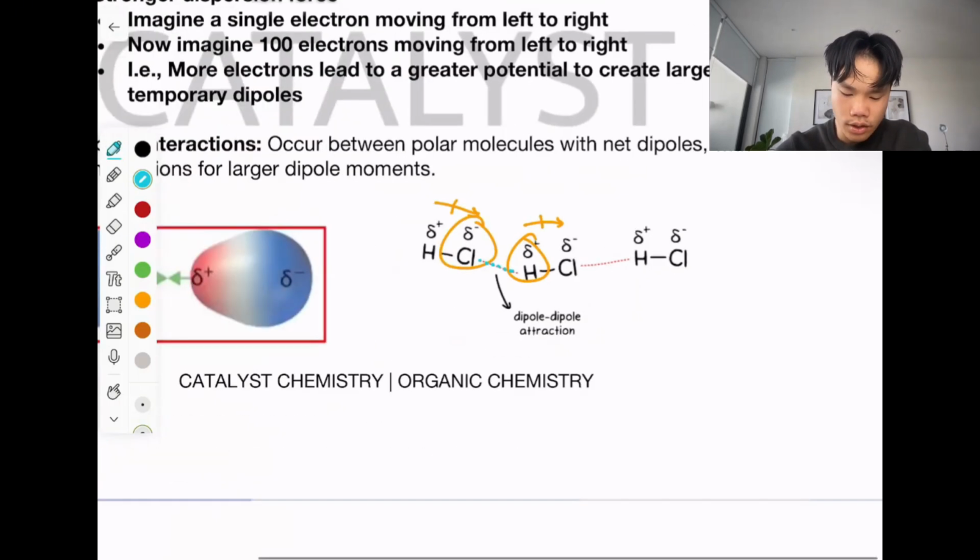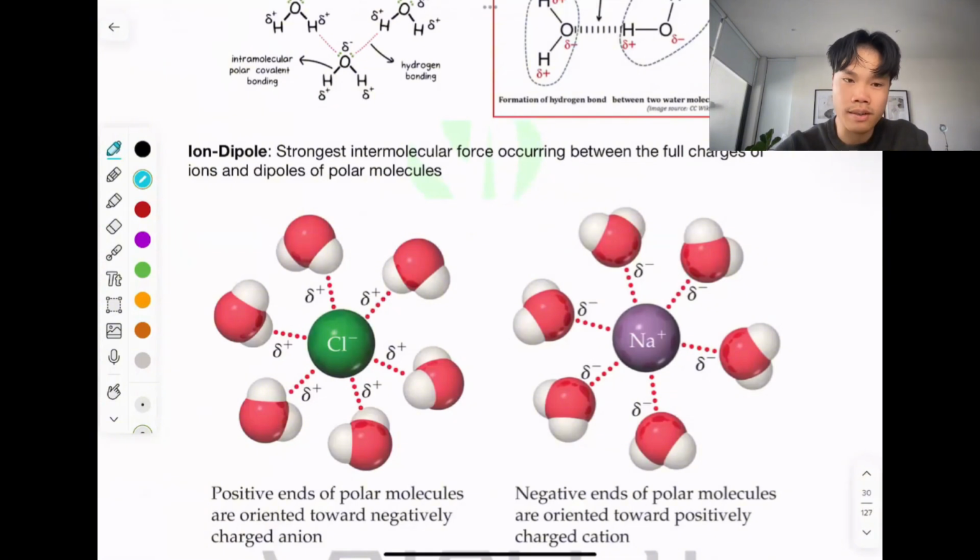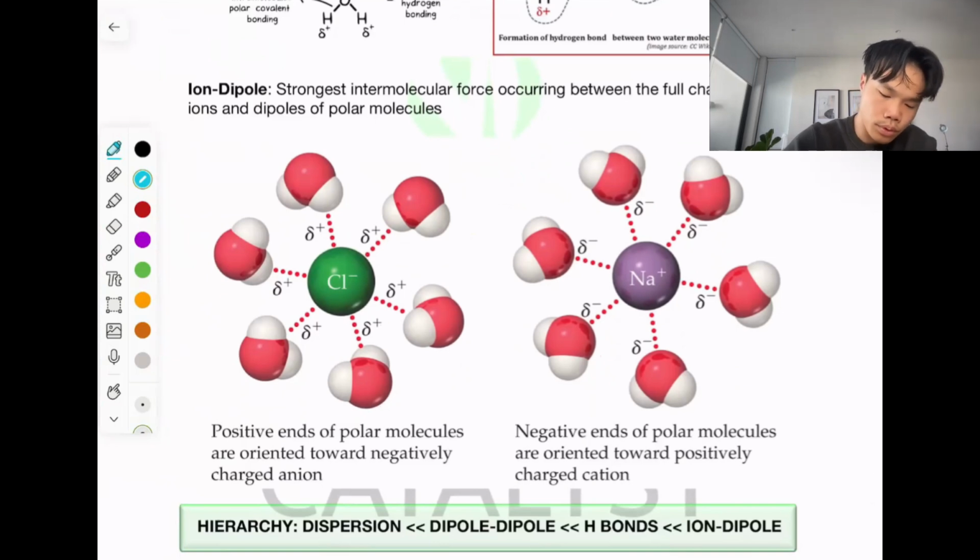Yeah. So then an ion dipole is what we see in module 5 in all of our ionic dissolution. You do have a dipole on certain molecules such as water because of, once again, the electronegativity difference of the oxygen, which pulls in electrons towards itself, and that creates positive dipoles as well as negative dipoles.